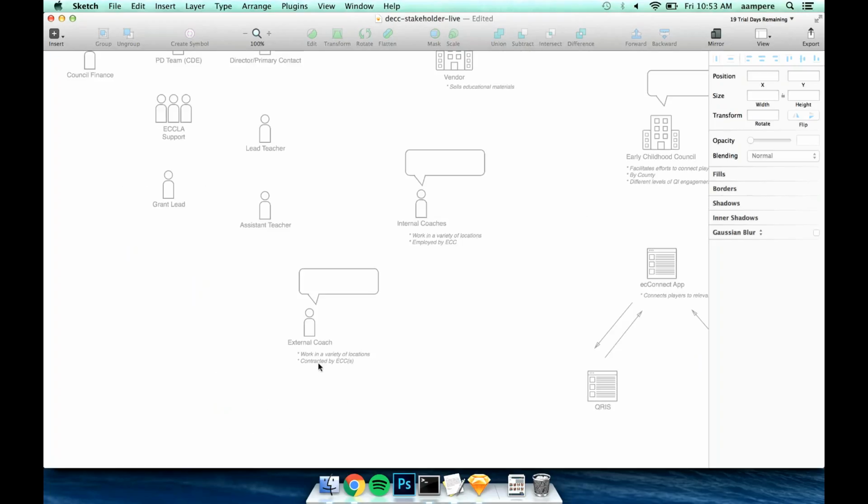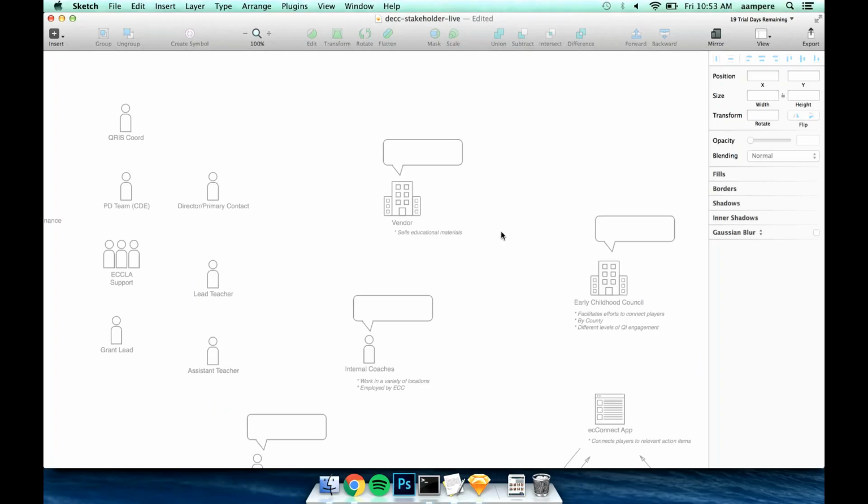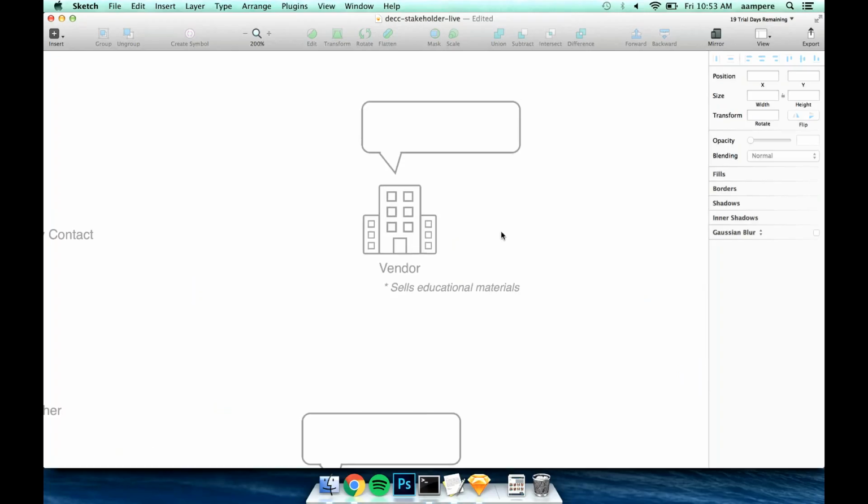And there's our little vendor. So we're hoping to come to a shared visual consensus, a shared visual language of this ecosystem, and that's what the end product is going to be.